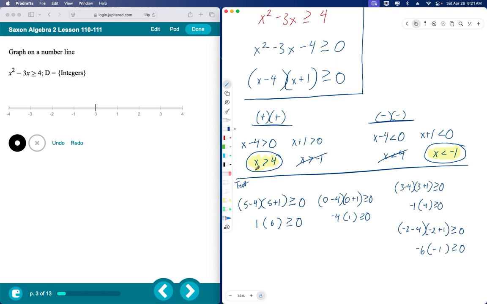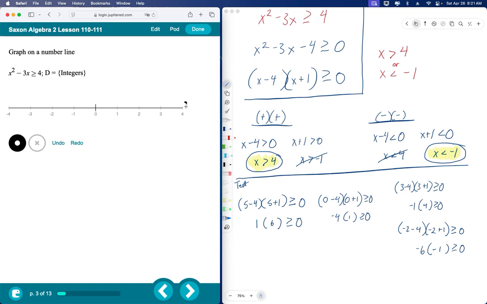So what I'm going to graph is x is greater than 4 and x is less than negative 1. So this is an OR, this is a disjunction. Greater than 4, integers. I really can't graph anything over here, can I?